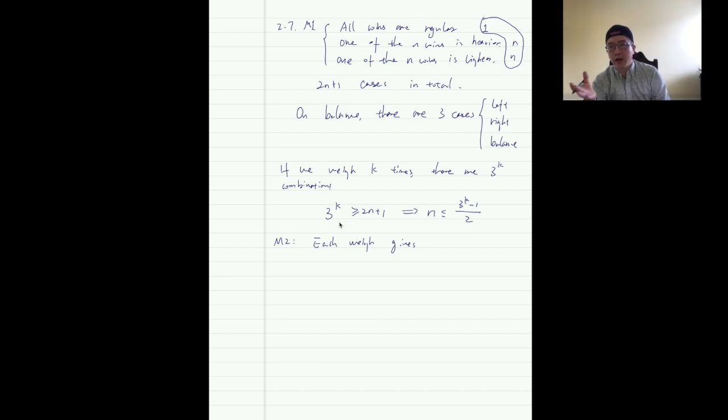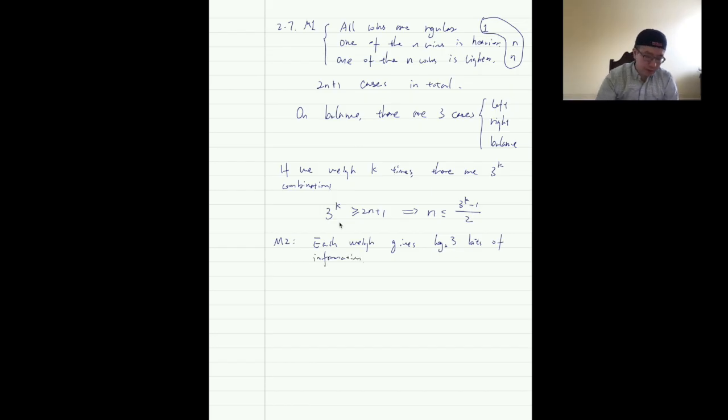Because each weighing we have 3 cases, 3 possibilities, right? Left, right, and balance. Therefore, each weighing can give us log 3 bits of information.